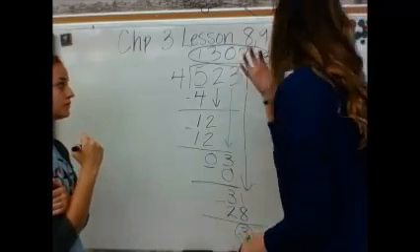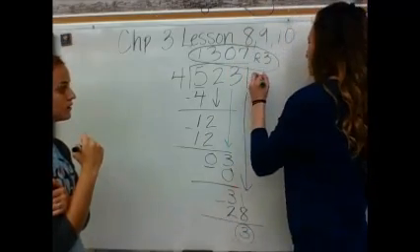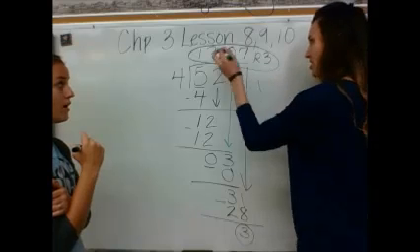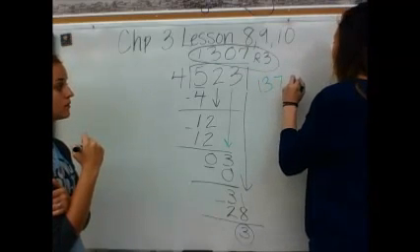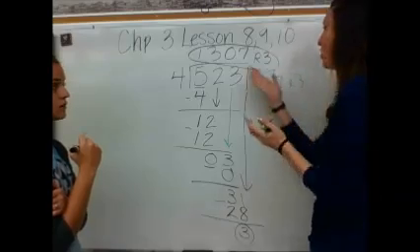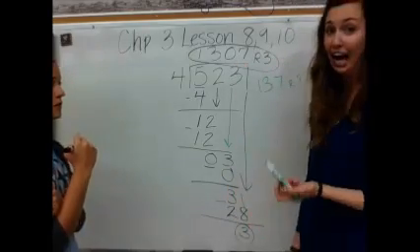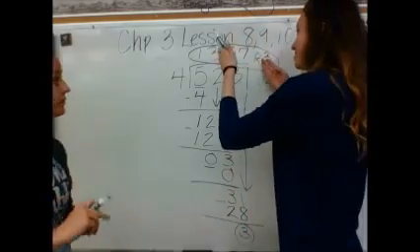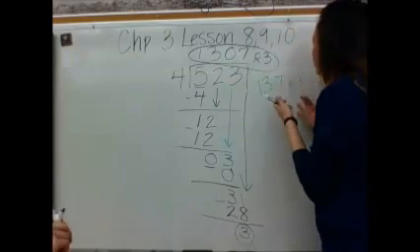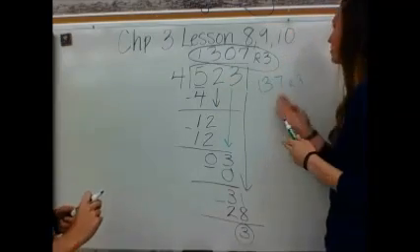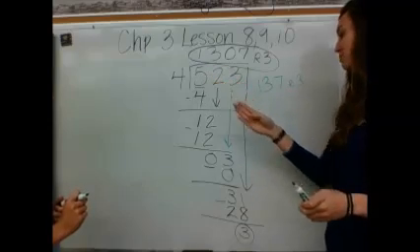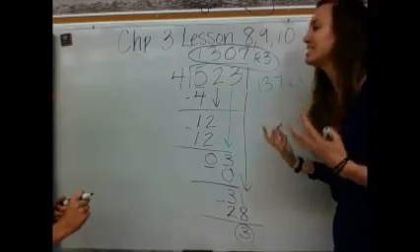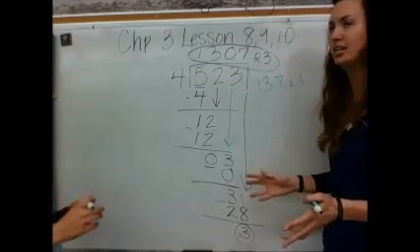We would have had 1, 3, 7, with an R3, and we would have been way off. Like Ms. Roy said, I would rather have $1,307 than 137. So we've got to make sure we put that 0 there. So again, ask yourself, how many times will 4 go into 3? It will go in 0 times, not that it can't go in.